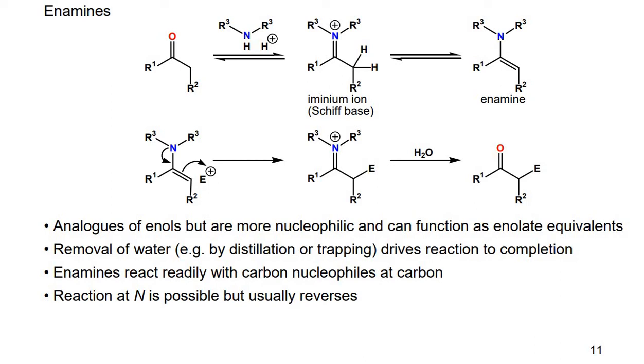Removal of water by distillation or trapping drives reactions to completion. Enamines react readily with carbon electrophiles at carbon. The reaction at nitrogen is possible but usually reversible.